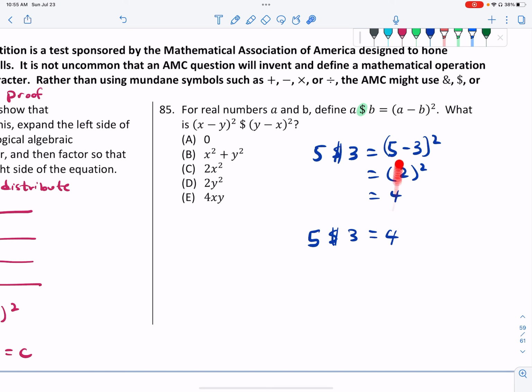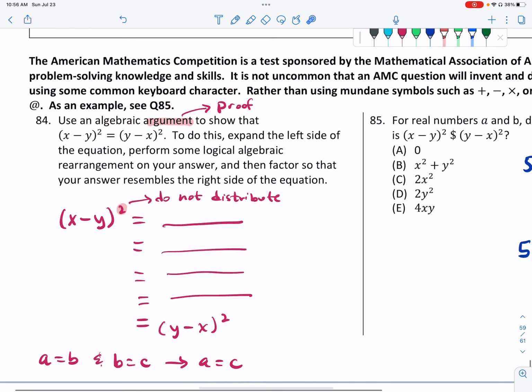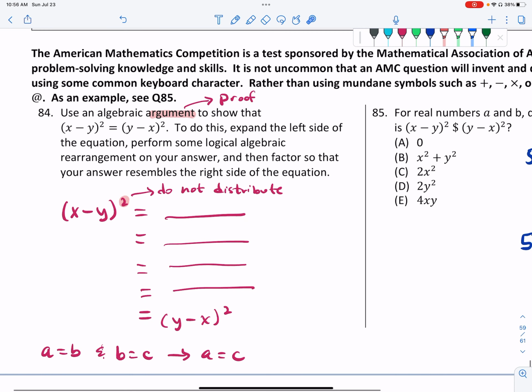Now, this is a much, much simpler example than what you're having to do, but it at least helps you understand how this process is supposed to proceed. So now what you want to do is incorporate the actual variable expressions. And remember over here on 85 that what you were supposed to do is show that x minus y squared is equal to y minus x squared.